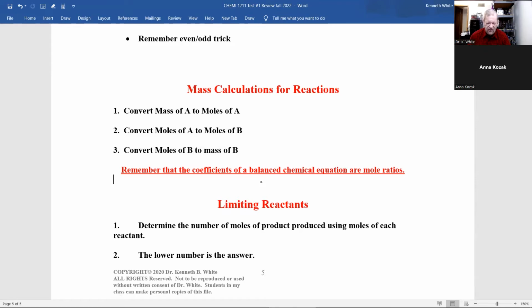What you have to do is determine the number of moles of product produced using the moles of each reactant. We went through that yesterday. And then the lowest number of those 2 will be the answer. And that's my review for test number 1.